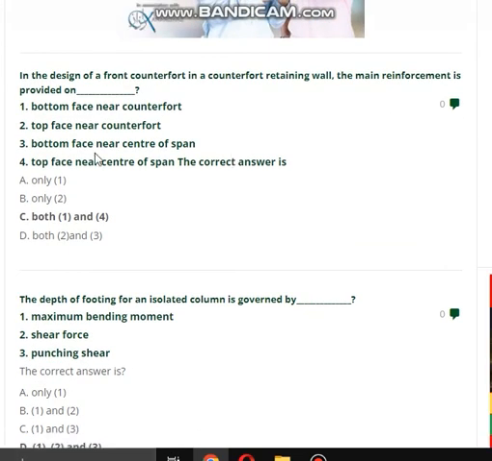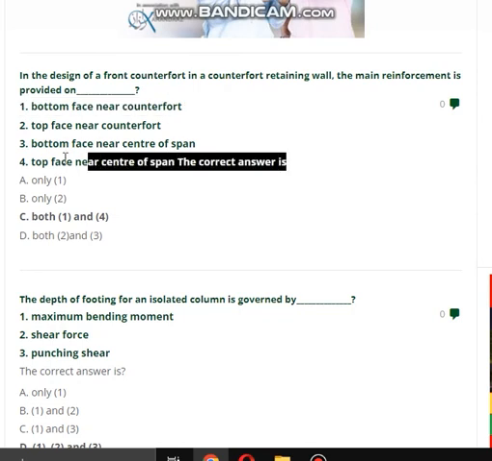In the design of front counterfort in a counterfort retaining wall, the main reinforcement is provided on the bottom face near counterfort, top face near center of span. The correct answer is 1 and 4.